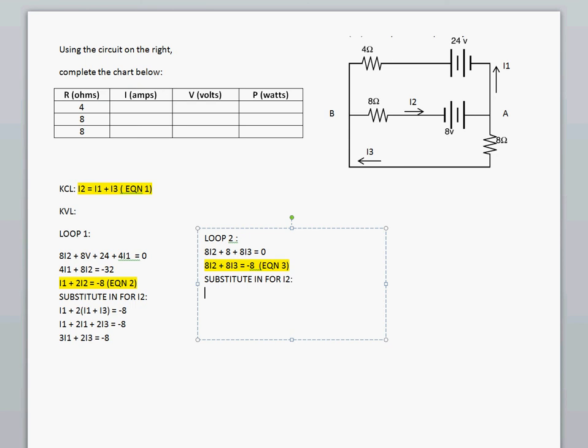And actually, I'm going to go ahead and divide through by 8. So before I substitute, let me change that equation. I'm going to get I2 plus I3 equals negative 1. So actually, this is our new equation 3. Sorry about that. Just like working with smaller numbers. So this is our new equation 3.